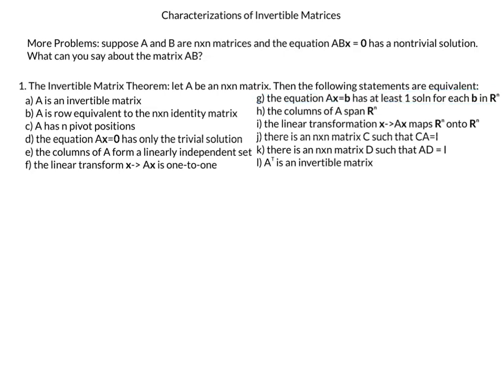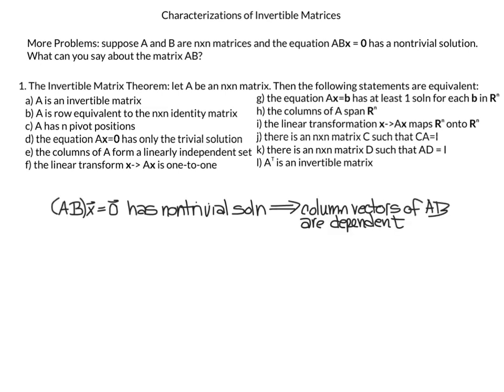The last problem is: suppose A and B are n by n matrices and the equation ABx equals 0 has a non-trivial solution. What can you say about the matrix AB? So what we have here is the equation ABx equals 0 has a non-trivial solution. If it has a non-trivial solution, that means the column vectors of AB are dependent, whereas here we have the column vectors of A form a linearly independent set.